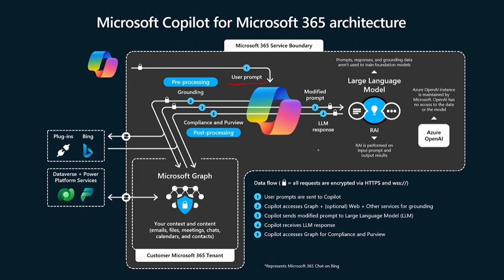So in step 3, Copilot is sending that augmented version of the prompt, that new system prompt, which contains the original user prompt and the context. Then Copilot receives the LLM response. The LLM is giving the response to Copilot, and then you get the overall response to your query. So this is how the Microsoft Copilot for 365 architecture looks.